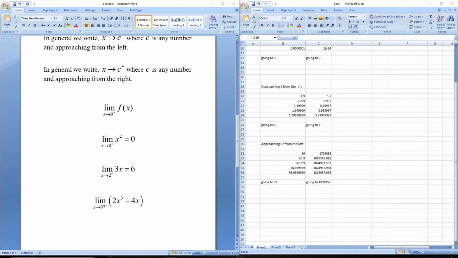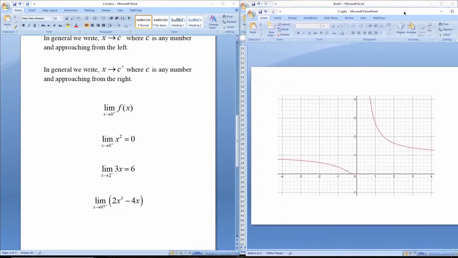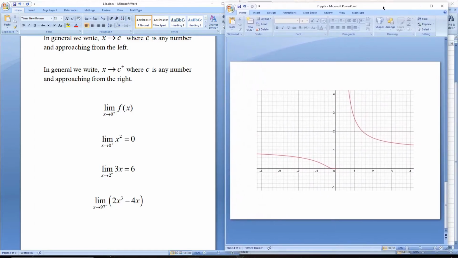Let me give you an example of that. Here is a function, e raised to 1 over x. And let's say we want to approach 0. Now, if we approach 0 from the left, we just follow the function along, and by observing the graph, as we get closer and closer to 0, we can see the function is also getting closer and closer to 0.